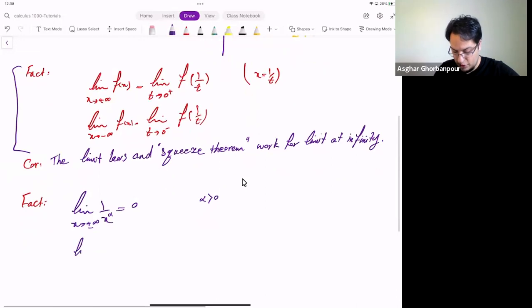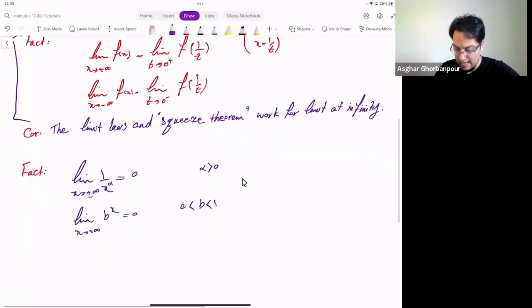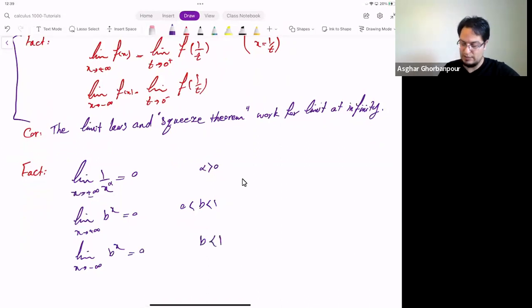The limit of the exponential function b to the power x as x goes to plus infinity is 0 if b is less than 1. And the limit of b to the power x as x goes to negative infinity is equal to 0 if b is bigger than 1.